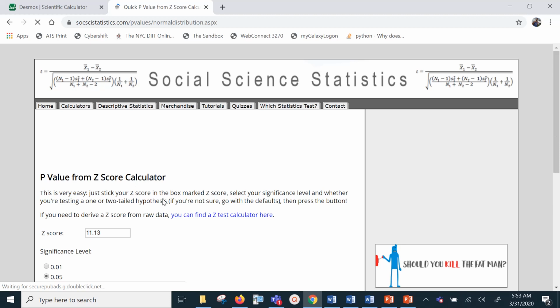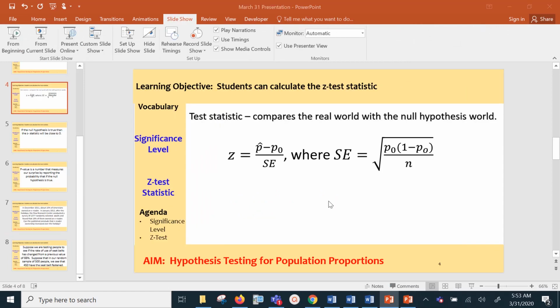We're just waiting for this to tell us if we should be surprised or not mathematically. All right, I'll tell you right now though, 11.13 for a z-score is pretty high, so we can reject the null hypothesis.